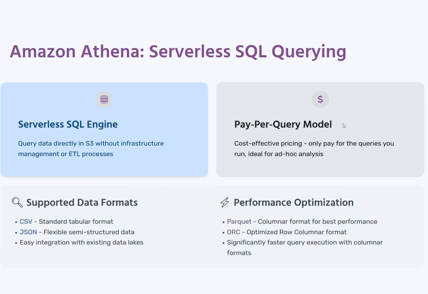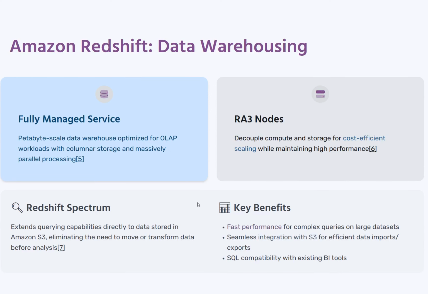So S3 and Athena is the best way, right? Supported data formats: CSV, JSON, with integration with data lakes, right? Standard tabular format or flexible semi-structured format, right? So you've got Parquet, ORC, right? Significantly faster execution with columnar format. So that's Amazon Athena.